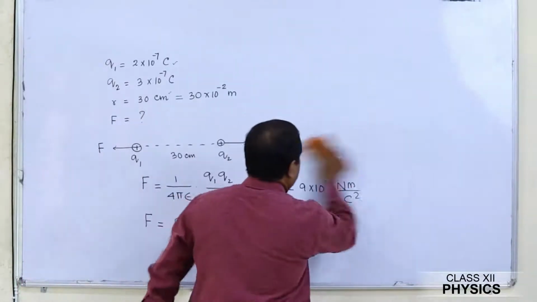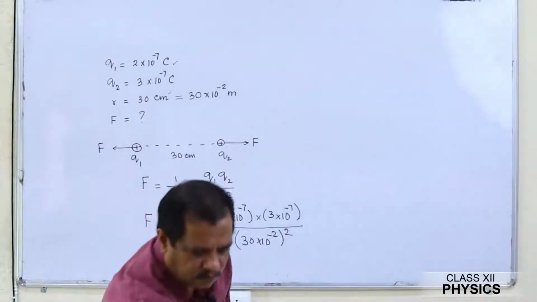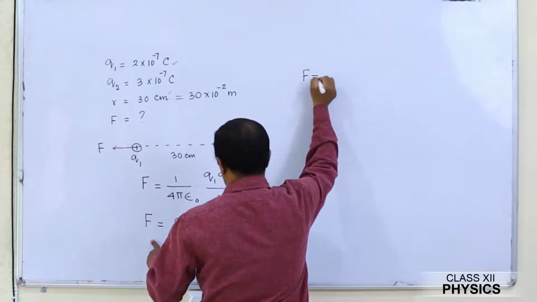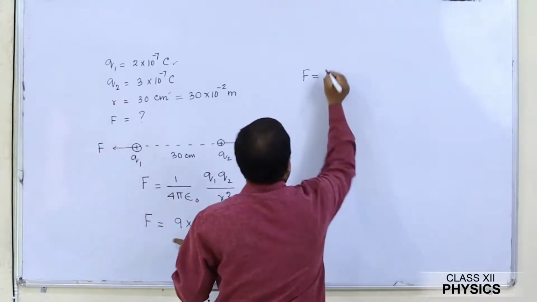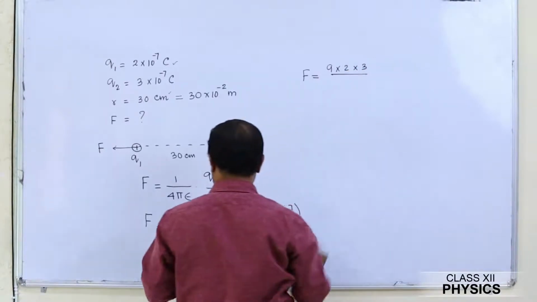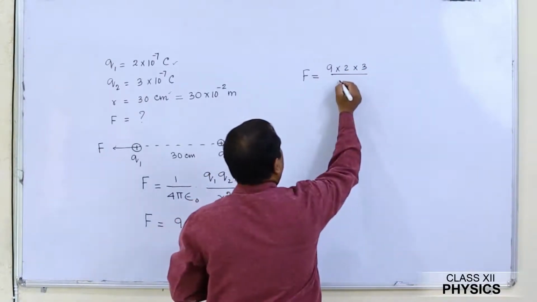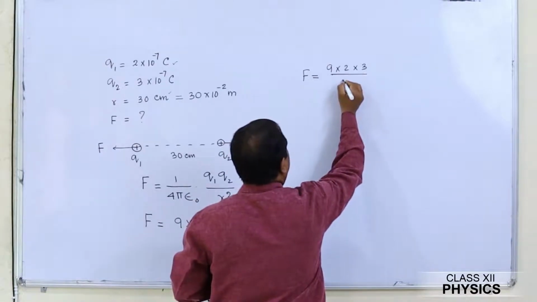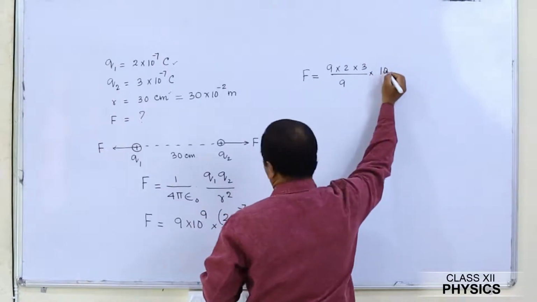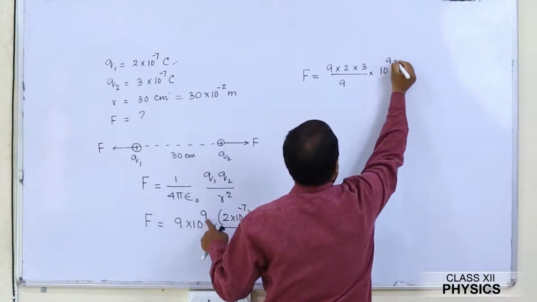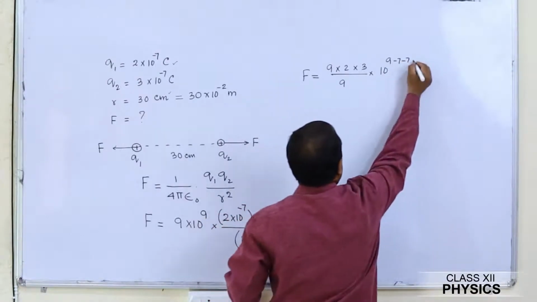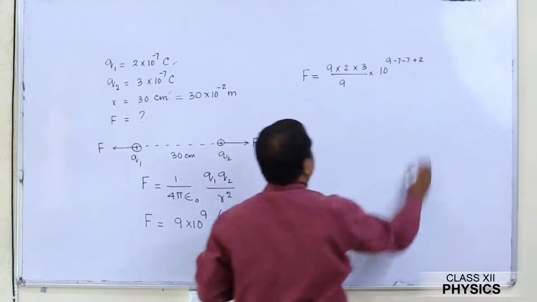And if I solve this problem, I'll see that F is equal to 9 into 2 into 3 divided by, I'm going to write this as 9, 3 into 3, 9, and the powers, I'm going to have 10 power 9 minus 7 minus 7, and I'm going to have plus 2.